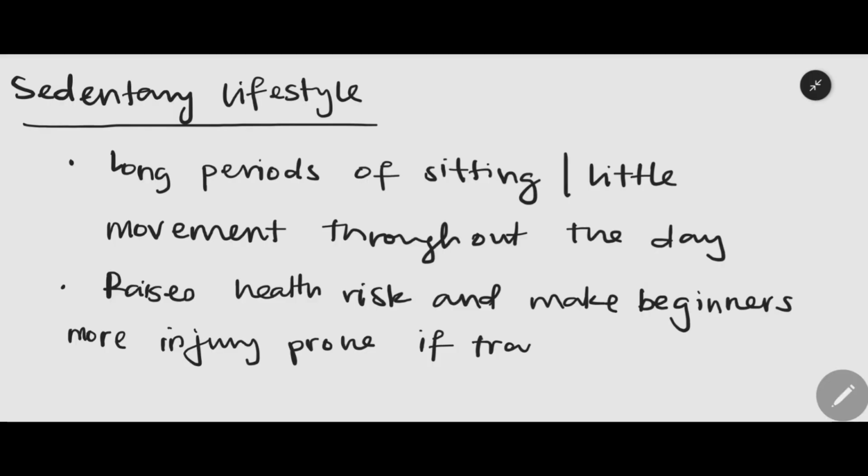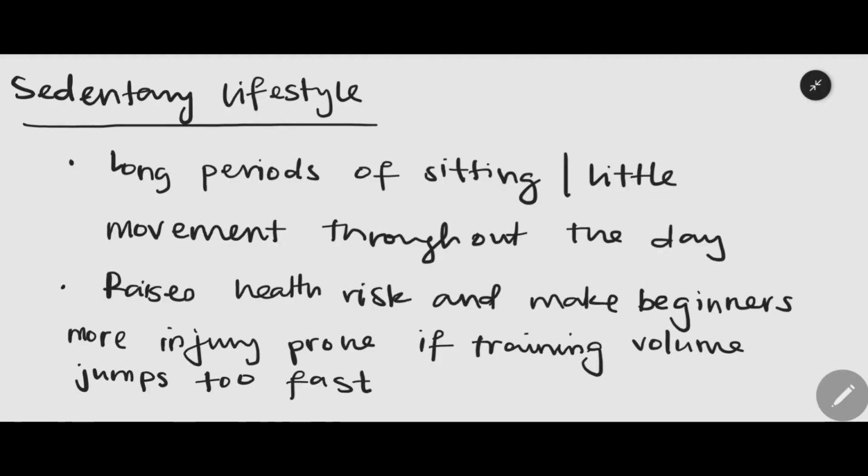If training volume jumps too fast, so you don't want to take a client who is sitting on their couch 24/7 every single day and then just drop them into a marathon and say, go on, run the marathon, because they're most likely going to get severely injured.